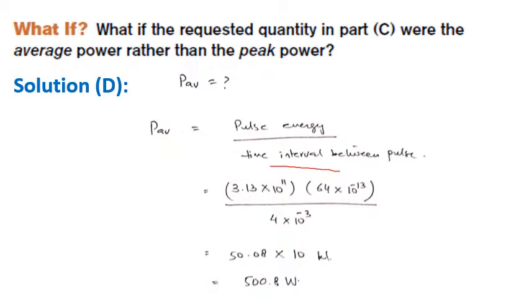Whenever we are to find the average, the time we take is the time interval between the two pulses. So the numerator stays the same, but in the denominator the time is now the time interval between the pulses. Putting in the values and simplifying, we get the average power equal to 500 watts.